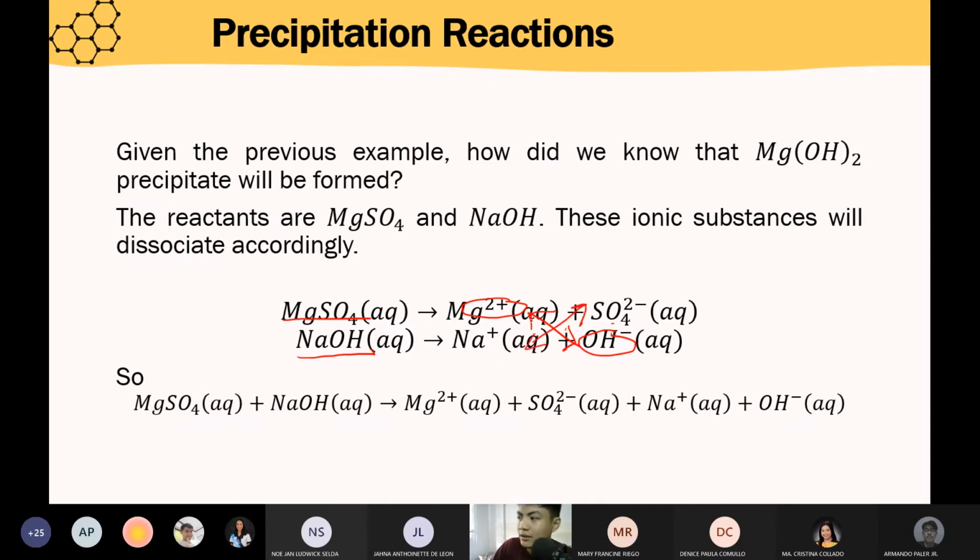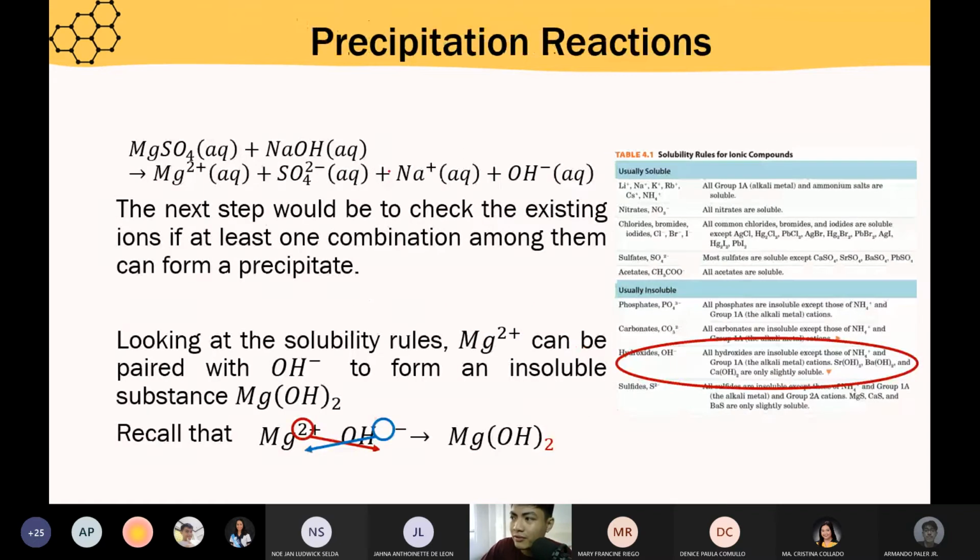So, after you convert them into ions, you swap their partners, and then determine the formula of those partners. So, you have your Mg2+, OH-, sila na ngayon magka-partner kasi nagpalit sila. Okay?